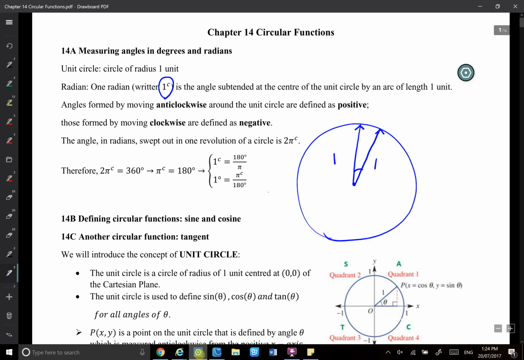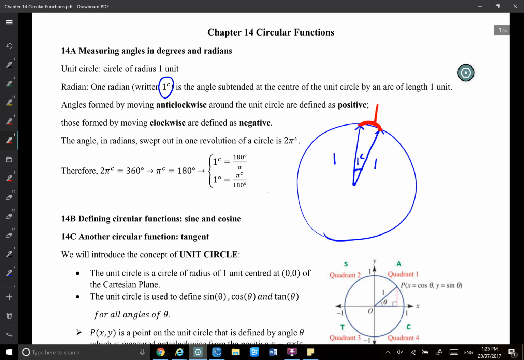I will say that's 1c, 1 radian. If the length of this arc is 1, then that angle has a size of 1 radian.